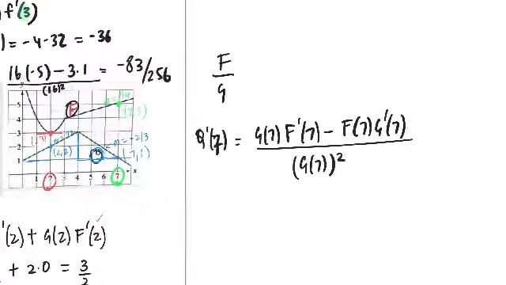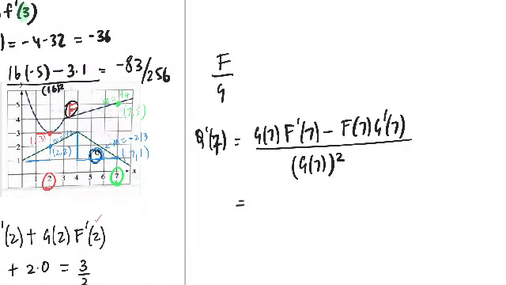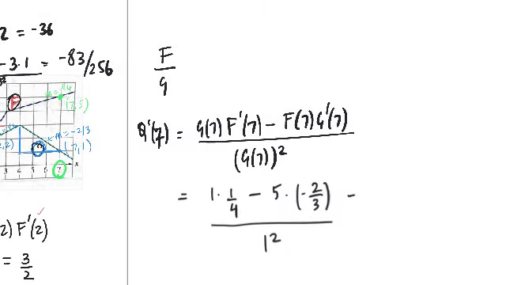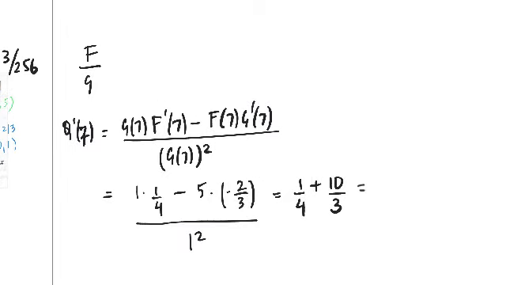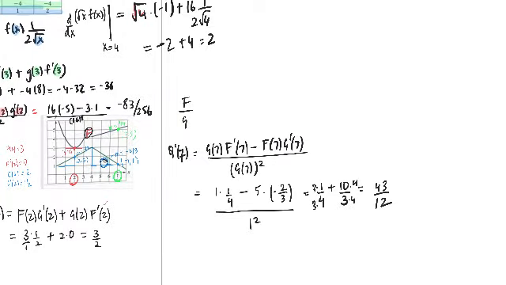Okay, so now we have g of 7 times f prime of 7 minus f of 7 times g prime of 7, which is negative 2/3, all over 1 squared. So I get 1/4 plus 10/3. And if I make a common denominator of 12, then I get 43 over 12 as my final answer.